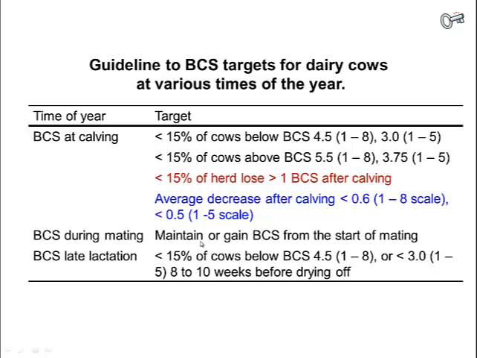During mating, we want them to maintain their body condition score or put on weight, and in late lactation we don't want cows under body condition score 4.5, somewhere usually between that and 5.5. And these are the general guidelines that we recommend for body condition score in dairy cows throughout lactation.